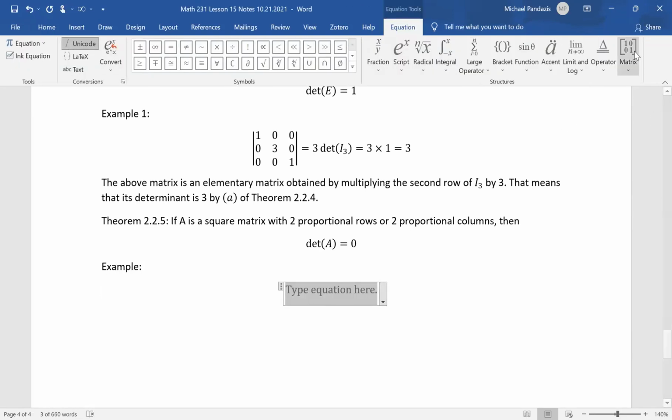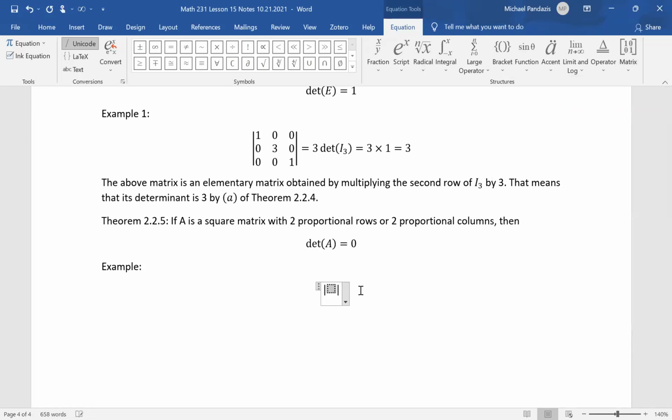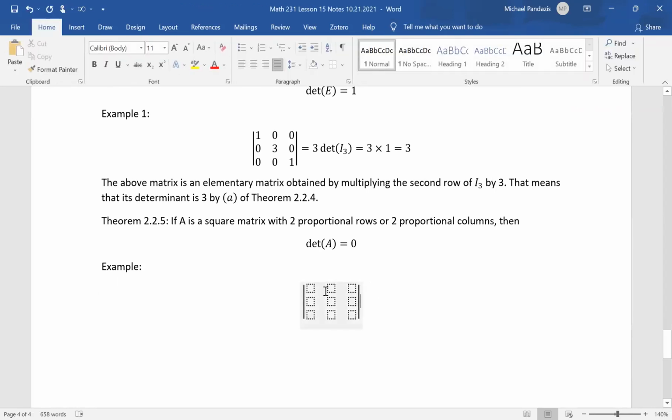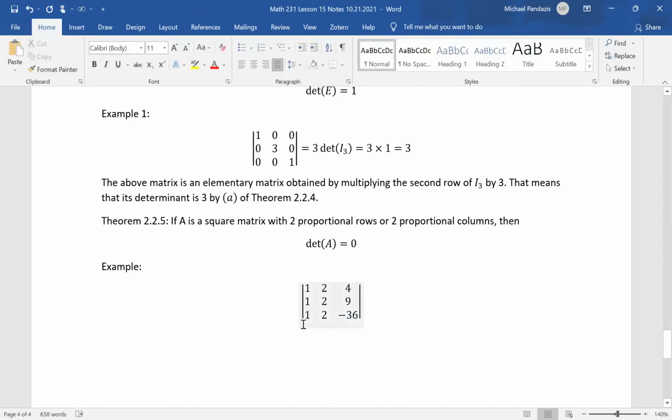if you have a matrix, okay, so we have a 3 by 3 matrix here. And so let's say you want to find a determinant of this matrix. Okay.